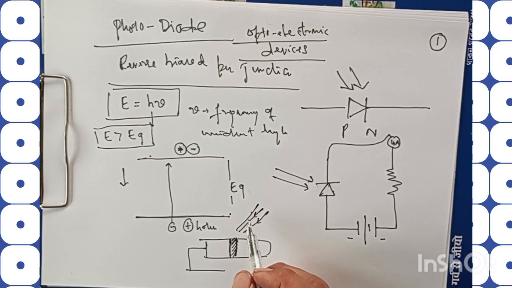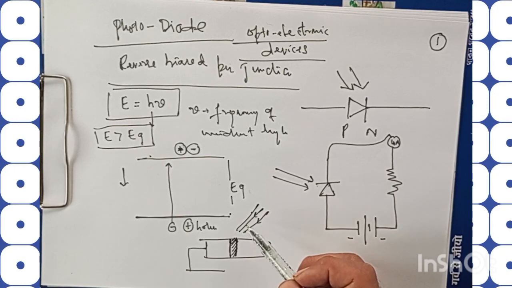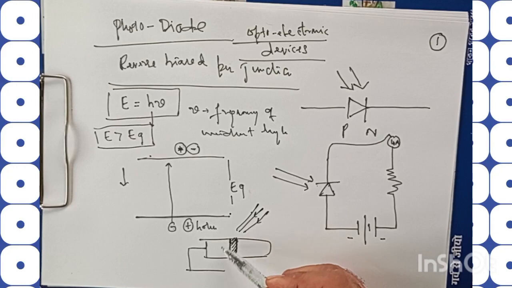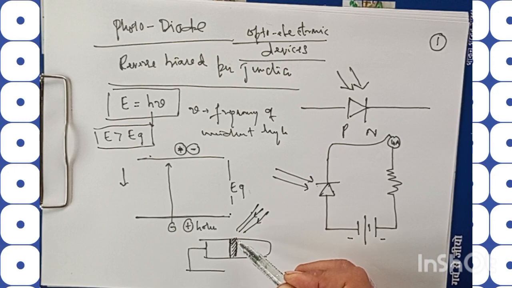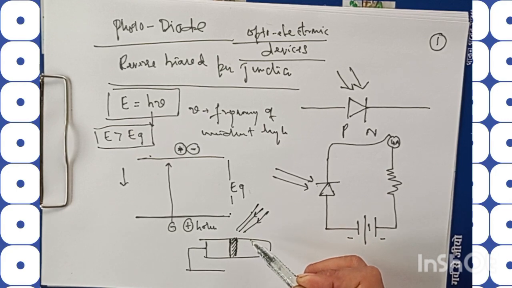What happens after this is these electrons and holes are formed in pairs near this depletion layer and are separated. So the electric field, now we can think in terms of electric field.